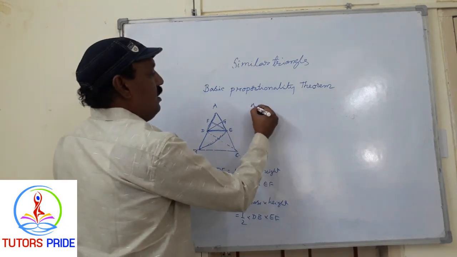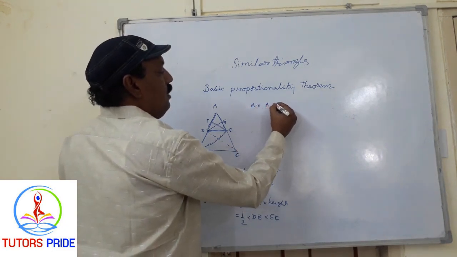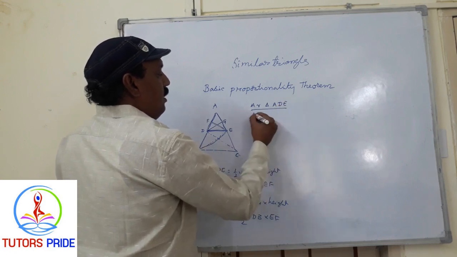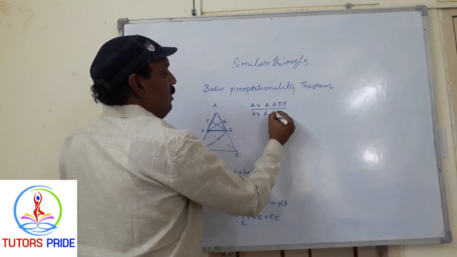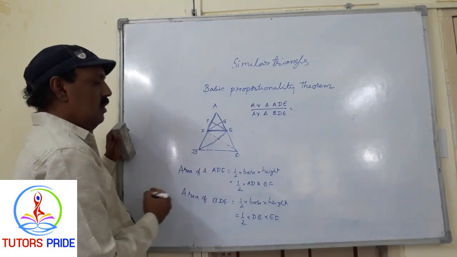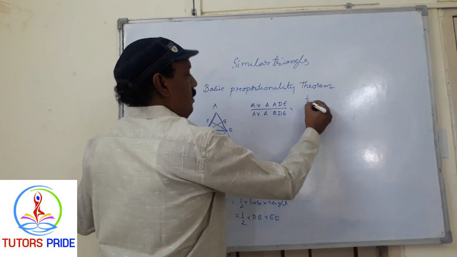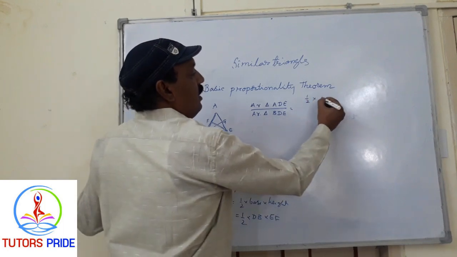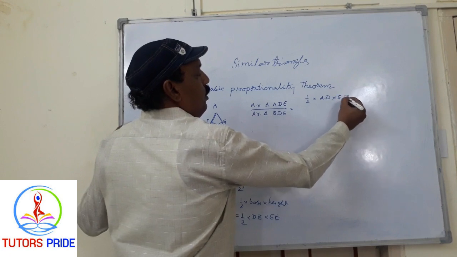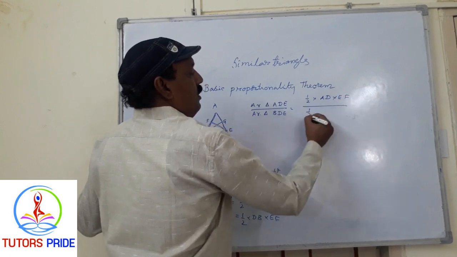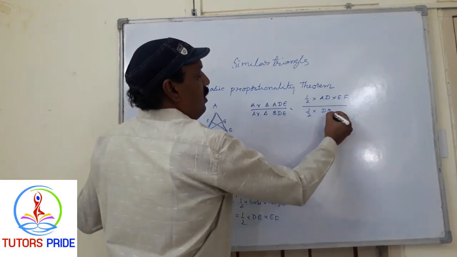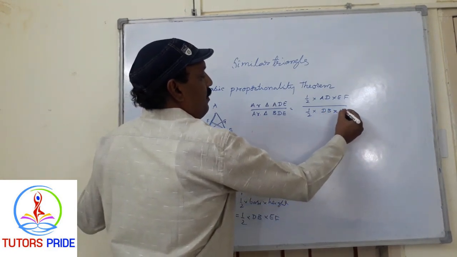So now, when I am taking the ratio of these two triangles, that means the area of triangle ADE by the area of triangle BDE is equal to half into AD into EF by half into DB into EF.